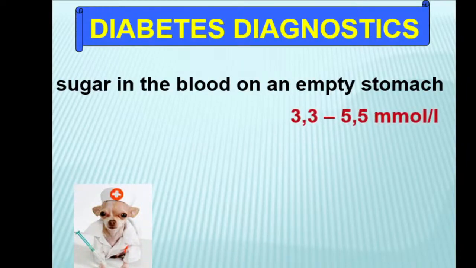Let's stop on the way of diagnosing diabetes mellitus. It's not difficult, because first of all we must control the blood sugar of the patient on an empty stomach. Usually it varies from 3.3 to 5.5 millimole per liter. I'll draw your attention, this is the index for examination of capillary blood. If we examine venous blood, the level of blood sugar will be slightly higher, up to 6 millimole per liter.